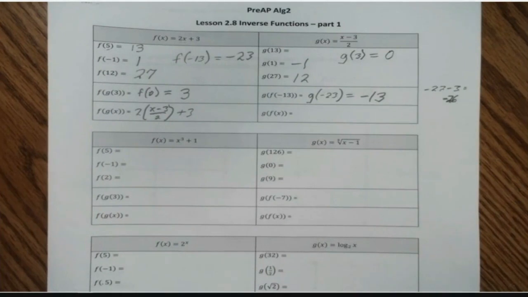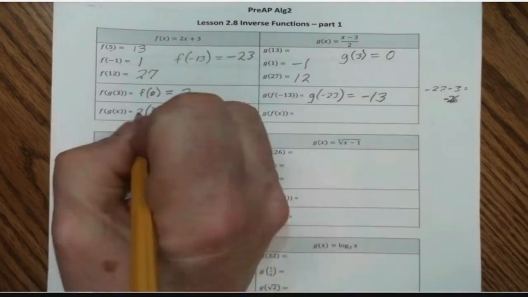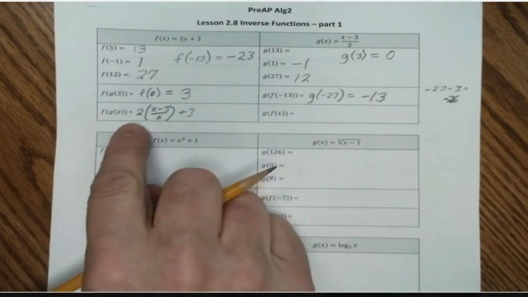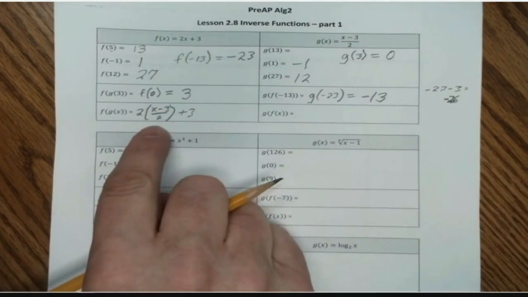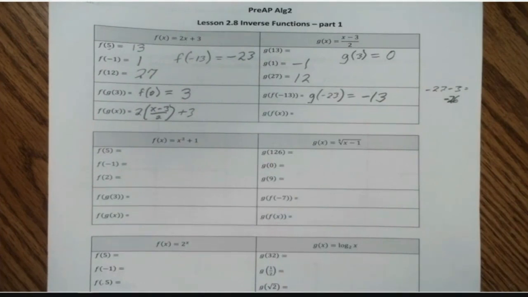What's that going to simplify to at the end? Take that in your notes. When you get down to the simplest answer, you do all the math. What is that going to equal?